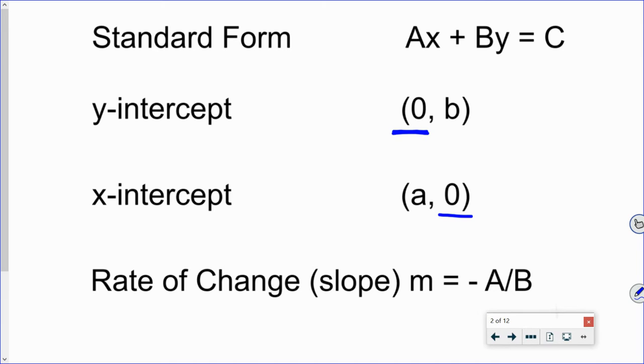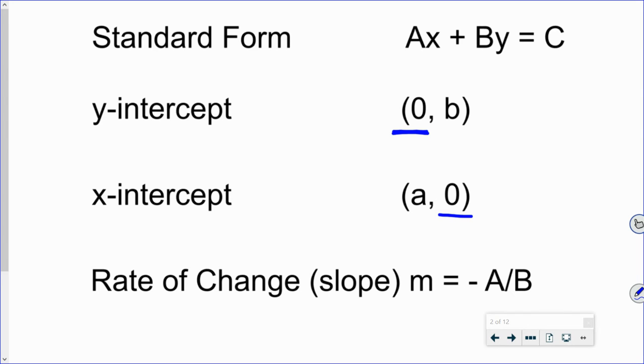Finally, and I think this is pretty cool, so be sure you write it down, our rate of change can be found by taking the coefficient of x and writing it over b as a fraction, reversing the sign. Whatever number is in front of x, we write it as a fraction over the coefficient beside y.